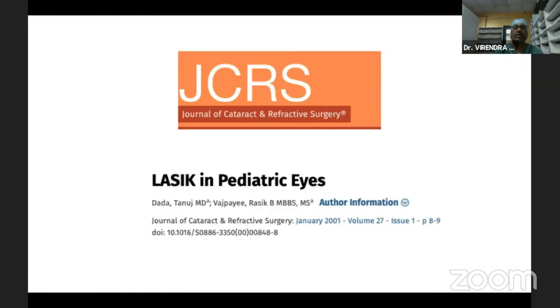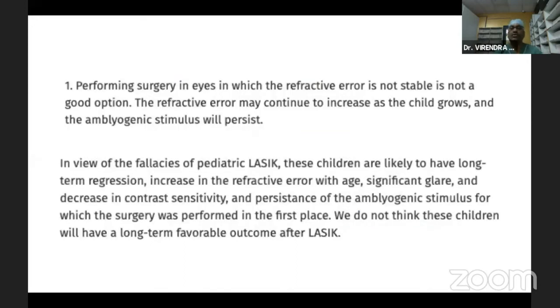There is one good article in the Journal of Cataract and Refractive Surgery for LASIK, but there were definite issues raised by Dr. Vajpayee from All India Institute of Medical Sciences that LASIK should be avoided for many reasons. The common ones are that we are not very sure about the refractive error, how frequently or how fast it will change.